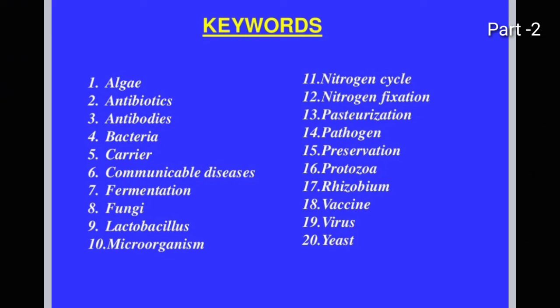It is spread by the female Anopheles mosquito. Next is rhizobium, a bacteria present in the root nodules of leguminous plants which helps in the fixation of nitrogen. Next is vaccine. A vaccine is given as an injection which helps in the process of vaccination and in preventing a disease. Next are viruses, then yeast.